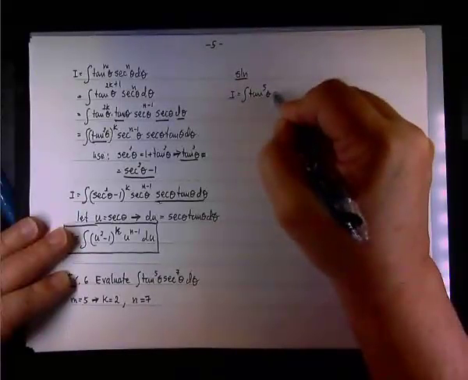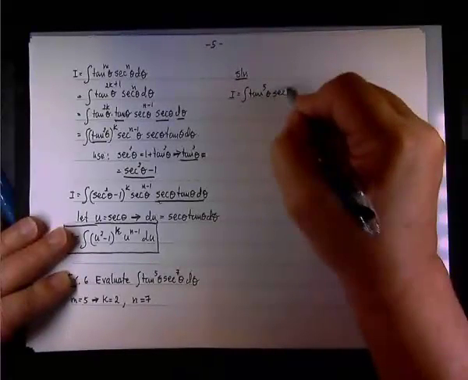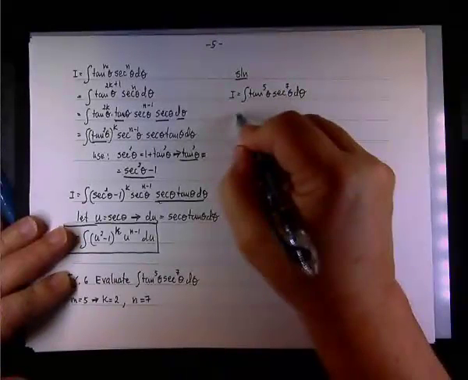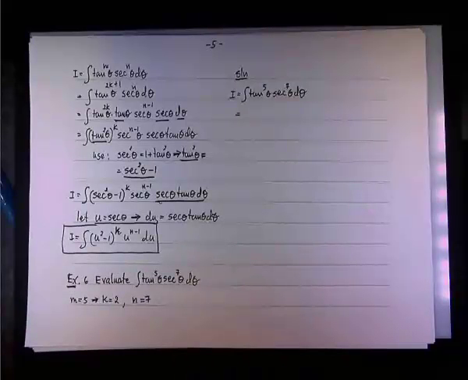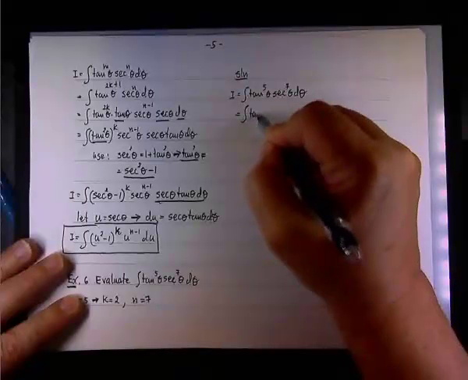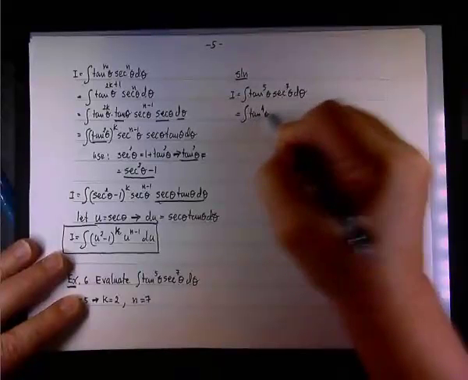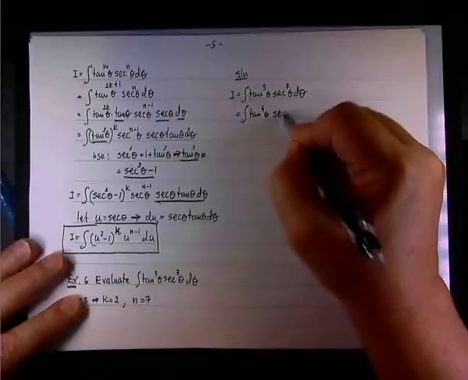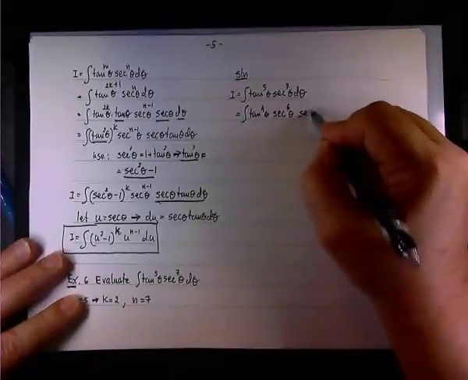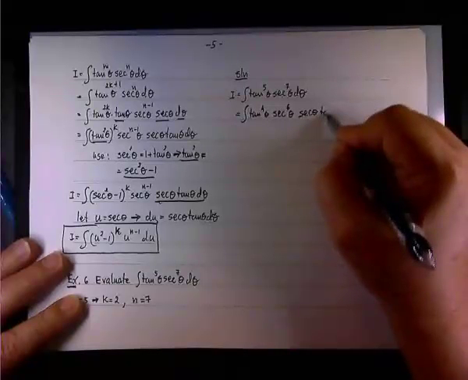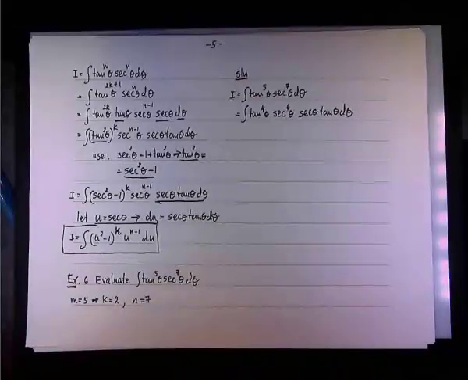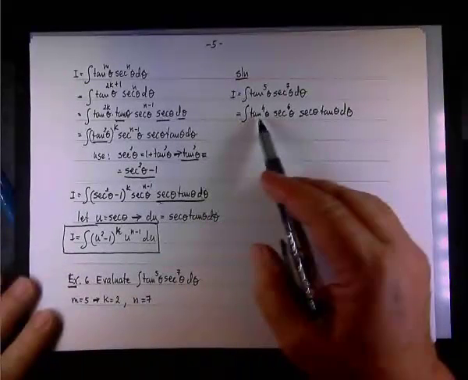So let's do this. Let's write the integral of tangent to the 5th secant to the 7th. You'll see that it's fairly simple to forgo the recipe and say, okay, let's break it down. I know that I need to extract one secant and one tangent, right? So it will be tangent to the 4th, and it will be secant to the 6th, and then I have the secant multiplied by the tangent.